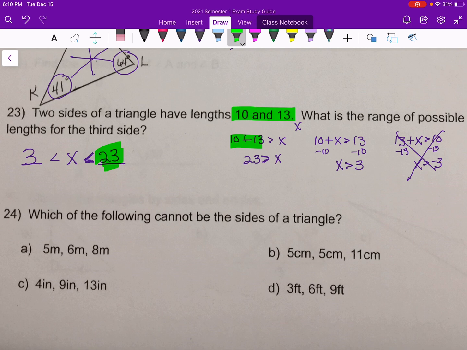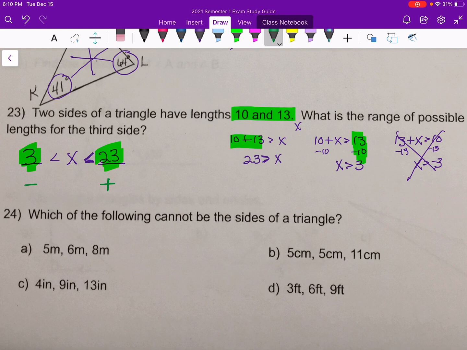The other possibility, we subtract the 2 numbers, and that gives us the bottom number. So especially on a multiple choice test, we don't have to show all our work. You just need to know why you're doing what you're doing, and then how to get the answers. We're not going to turn in work, so what you write on that paper is totally up to you. I just wanted to make sure you saw it.